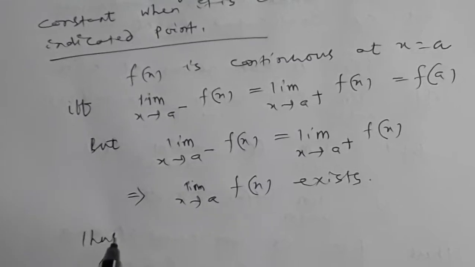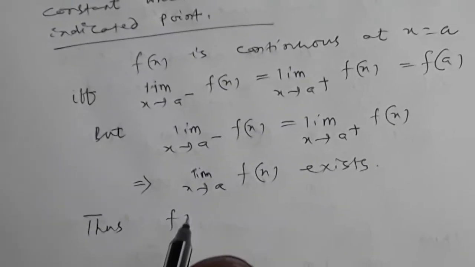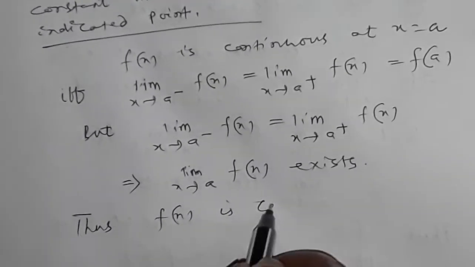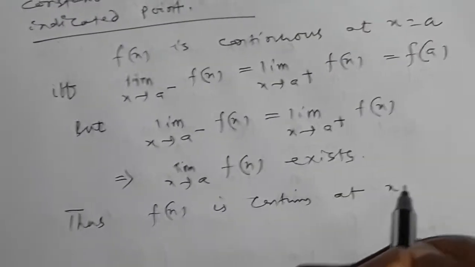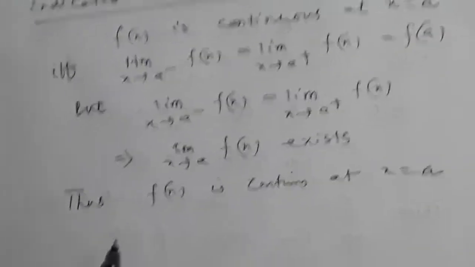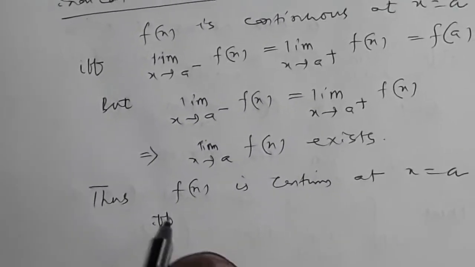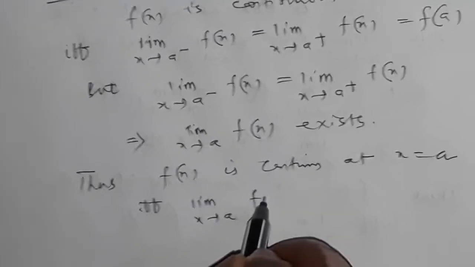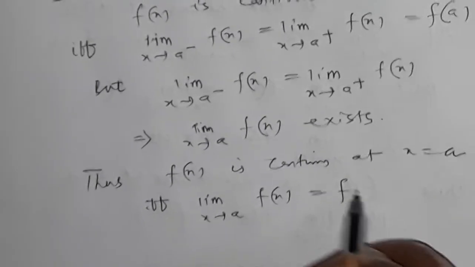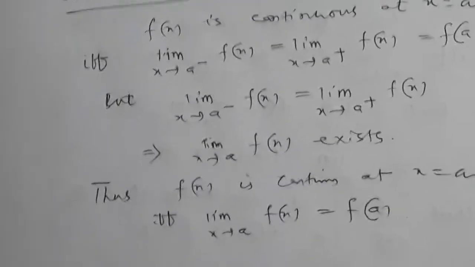Thus, f(x) is continuous at x equals a if limit x tends to a of f(x) equals f(a).